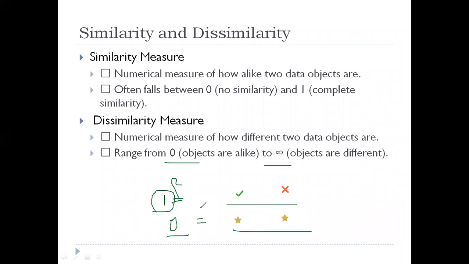These are called dissimilarity measures. If there is more difference, you can increase the numbers also. But when it comes to 0, the objects are more similar to one another. These are the two different measures.